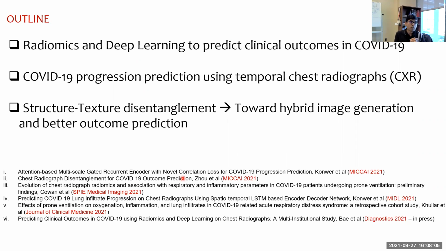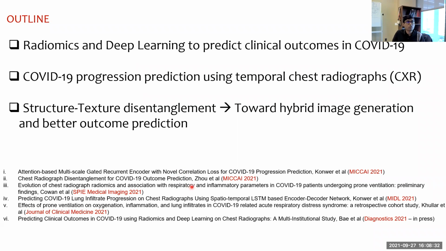First is on developing radiomics and deep learning pipelines to predict clinical outcomes in COVID-19. Second, developing frameworks for prediction of progression in COVID-19 using temporal chest X-ray scans. And the third is disentanglement of structure and texture in lung X-rays, chest X-rays.